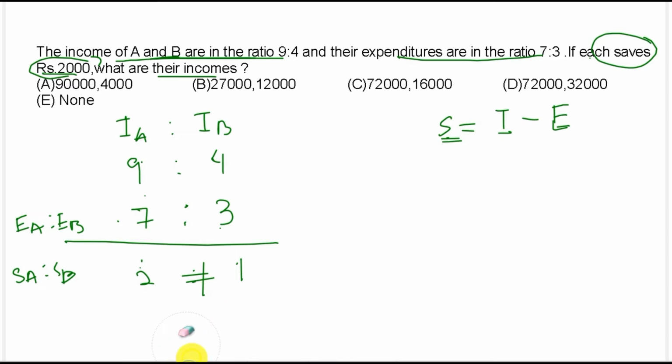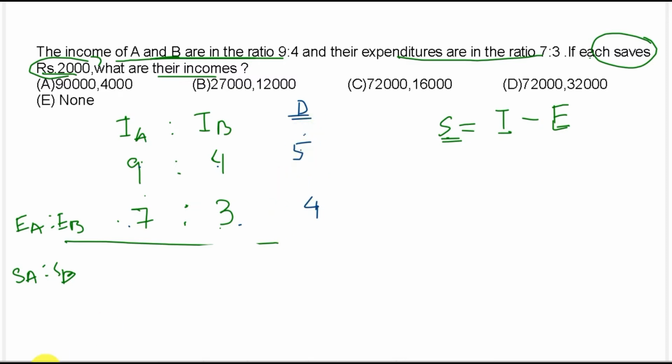So what we have to do here is a very simple logic. First of all you need to find the difference. What is the difference here? 9 minus 4 is 5, and here, 7 minus 3 is 4. Okay, so these are the differences. Now what I'm suggesting is that, see this difference, make it equal.